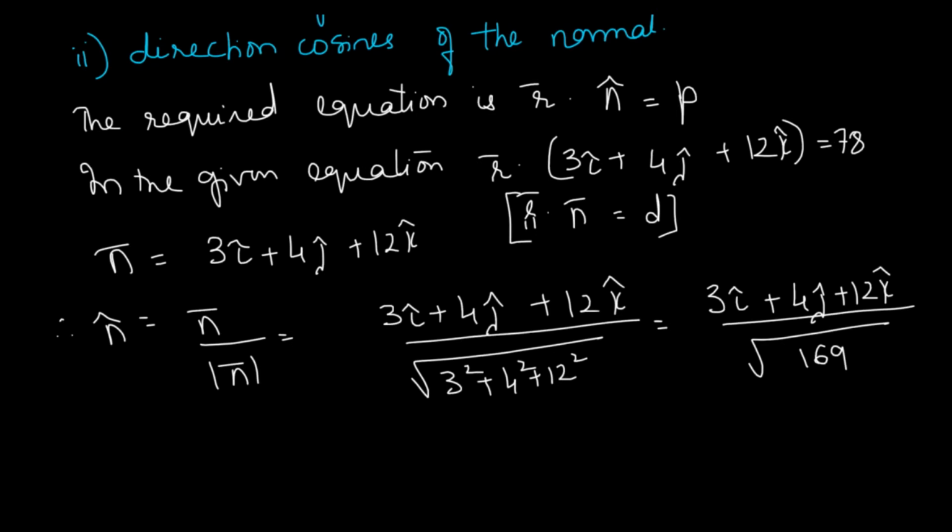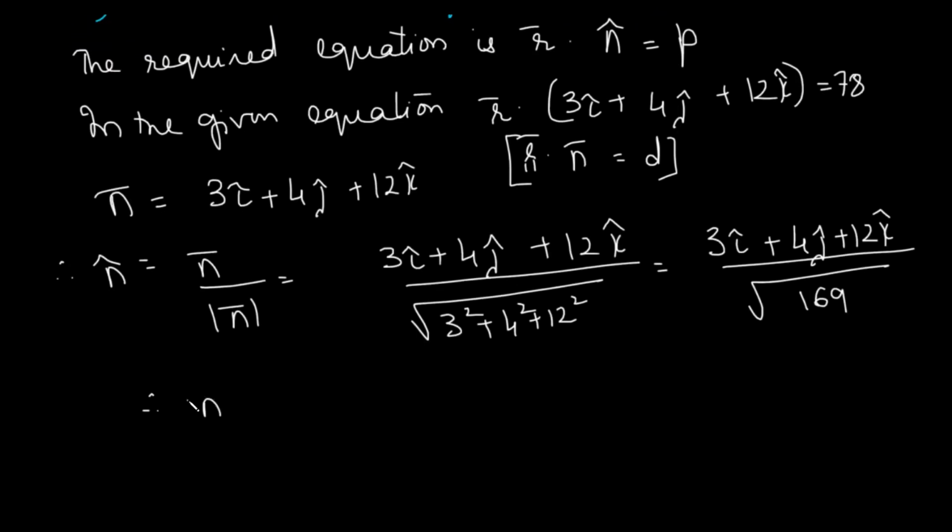Therefore n cap becomes this way. Okay, so this is the value for the unit vector along the normal to the plane, that is it.